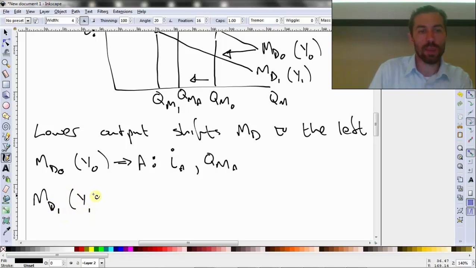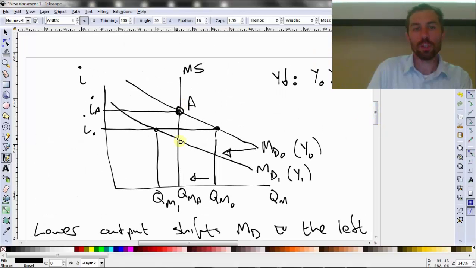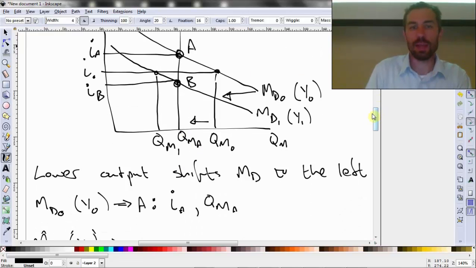What happens when the level of output changes? So we move from MD0 to MD1, and our level of output changes. Well, then we move from an equilibrium position A to a new equilibrium position B. At our new equilibrium position B, we have a different interest rate, IB, although we still have the same quantity of money because we have not changed our money supply curve.